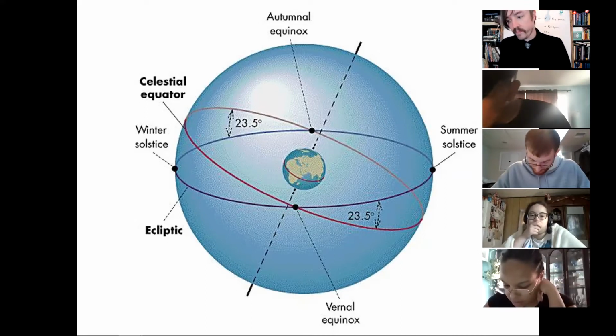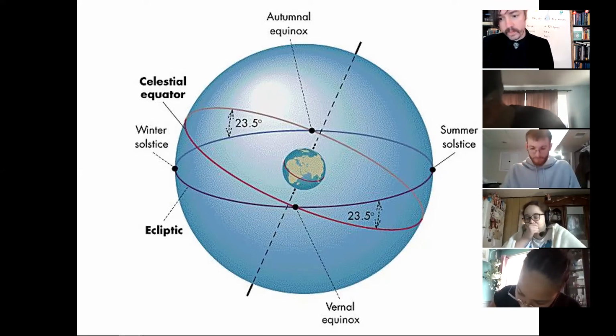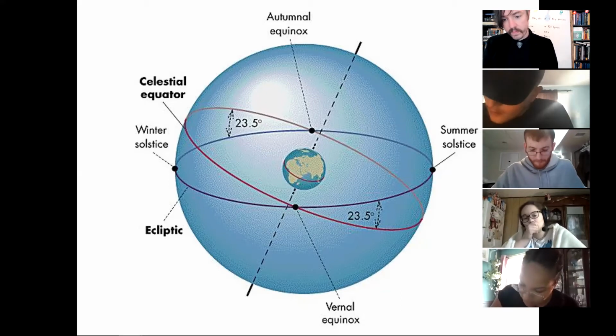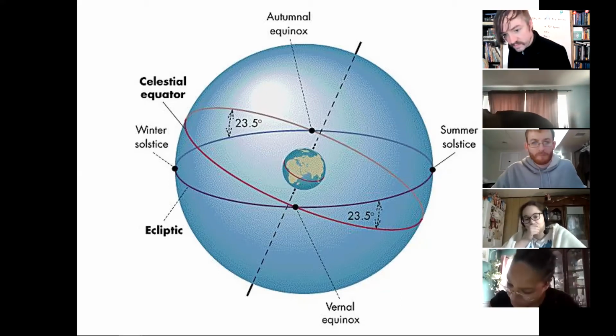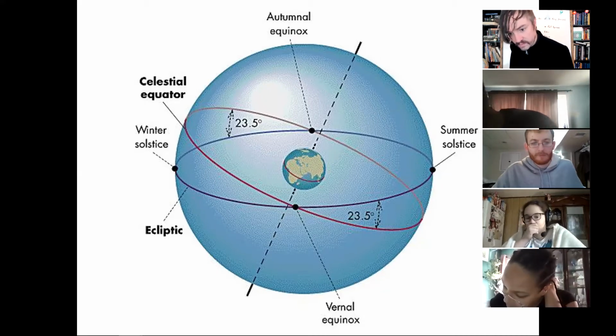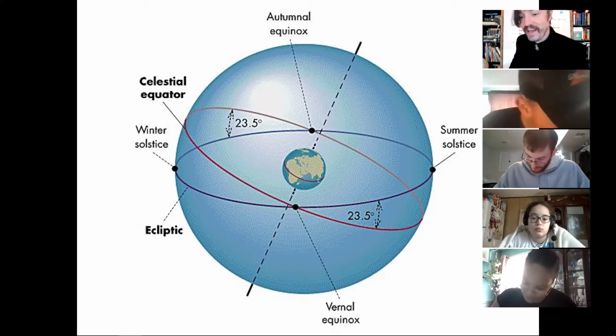So our right ascension, I have it wrong in here. Hours and minutes of a star measured eastward from the spring equinox.